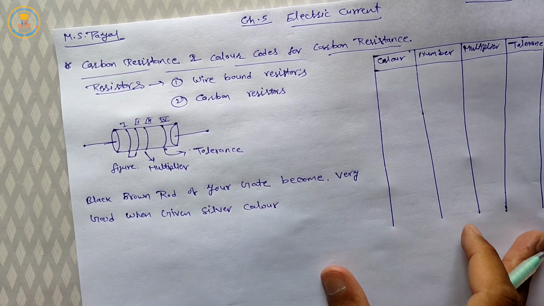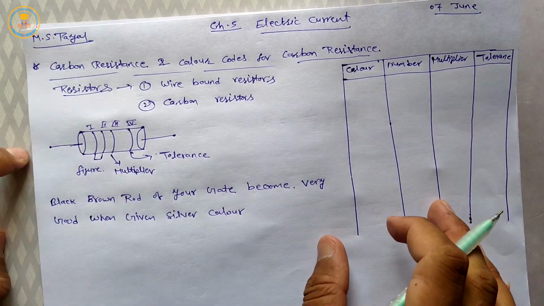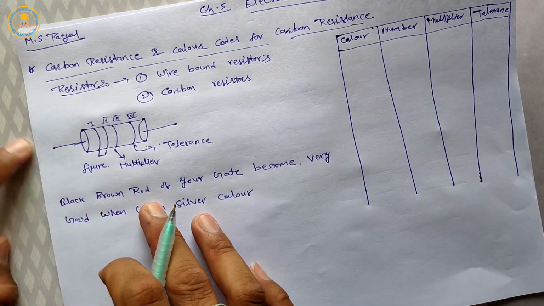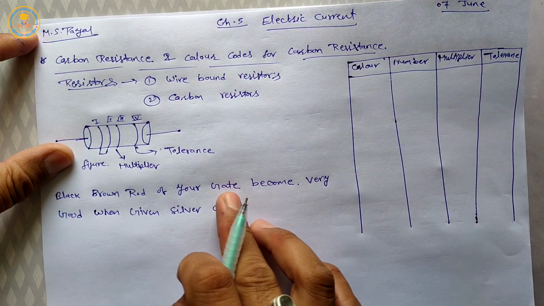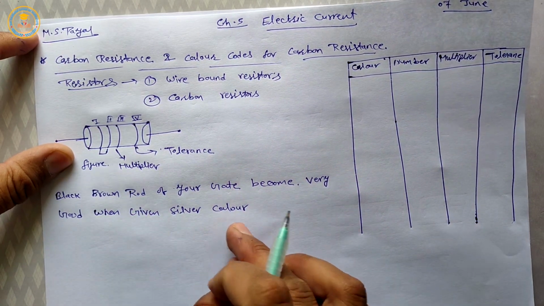This is a very simple trick for this table. Black brown road of your gate become very good when given silver color.